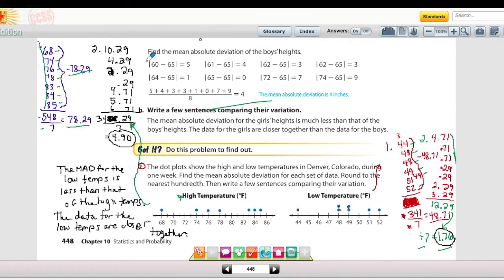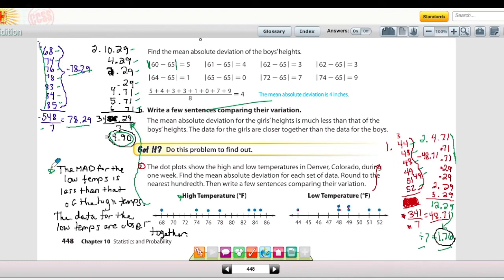And remember, it's the absolute value, so we're just using the positive value of whatever that answer is. I got 10.9, 4.29, 2.29, 0.29, 4.71, 5.71, 6.71. When I added those together, I got 34.29, divided by 7 is 4.90, the mean absolute deviation for the high temperatures.